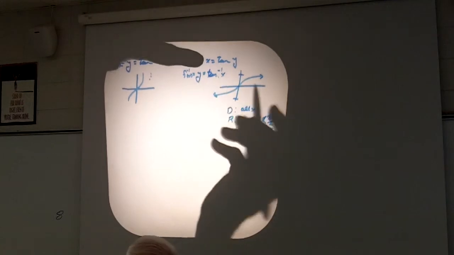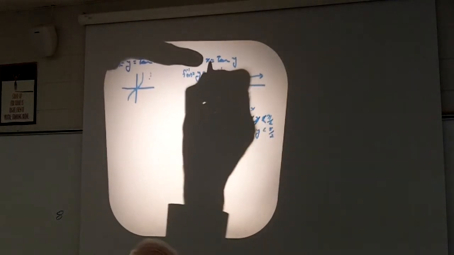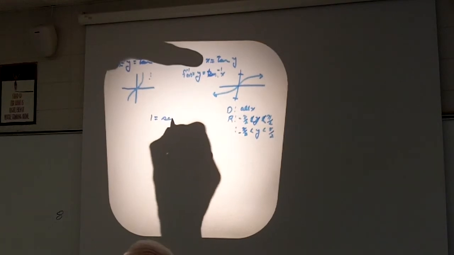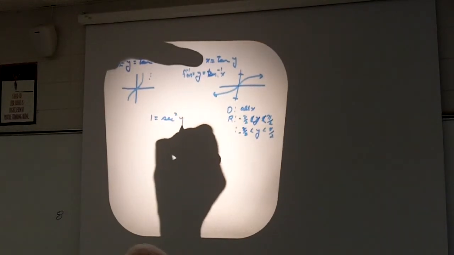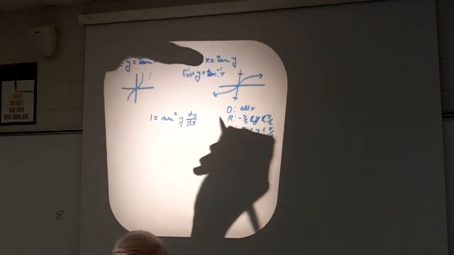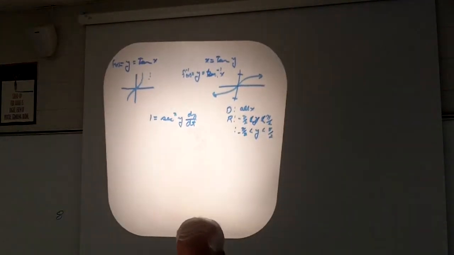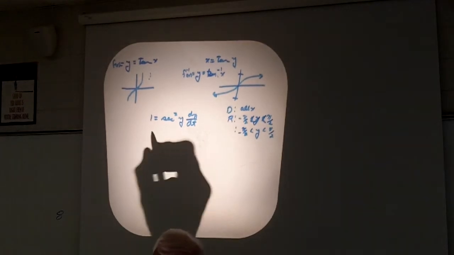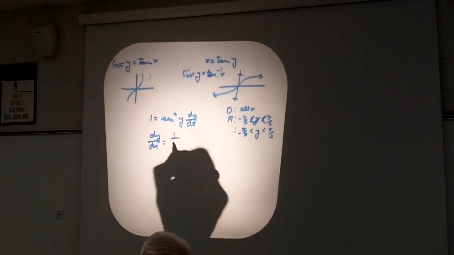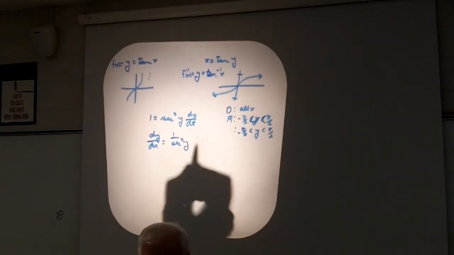So that becomes 1 equals secant squared y times dy/dx. Now look at this: dy/dx equals 1 over the secant squared of y.